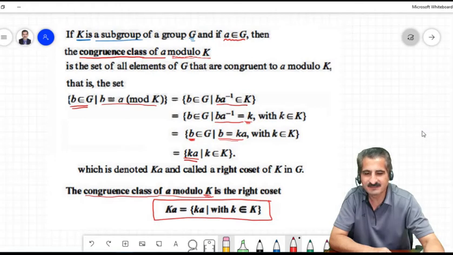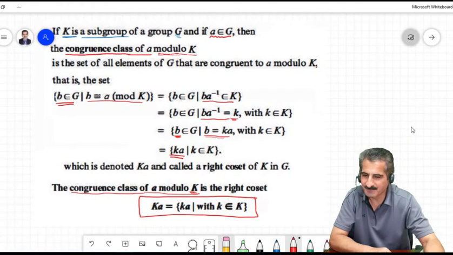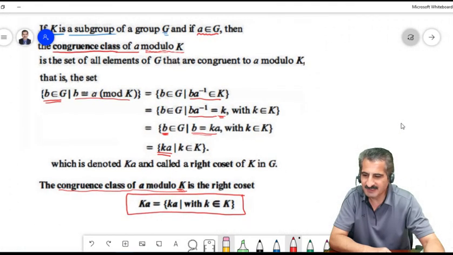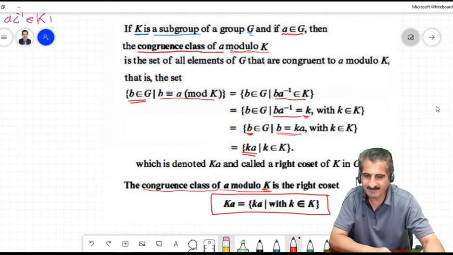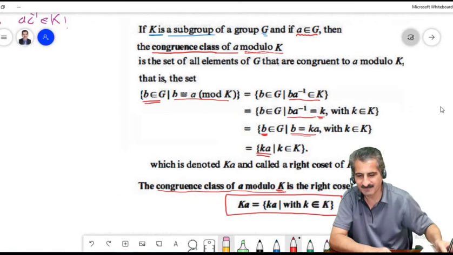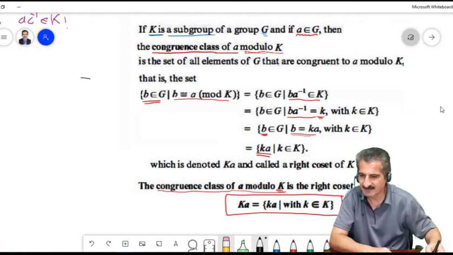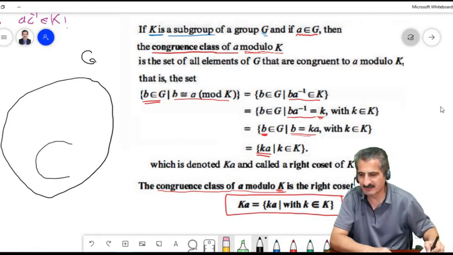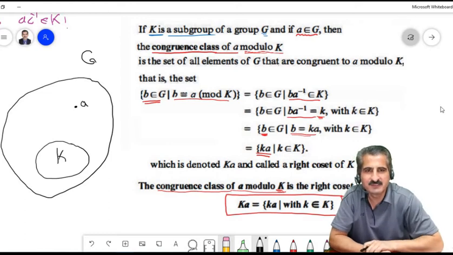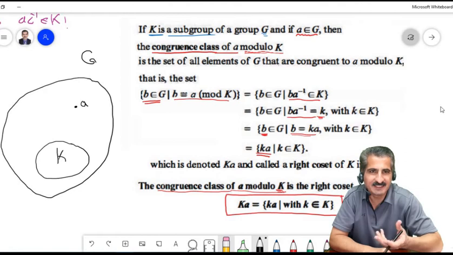So we got the congruence class of A modulo K. Let me make a graph for this at this side. Let's play with it a little. Let's have fun with that. Say this is the group G, and the subgroup K somewhere here. Pick an element A from outside. We can define the congruence class of A if we choose it from inside K. This is no problem.